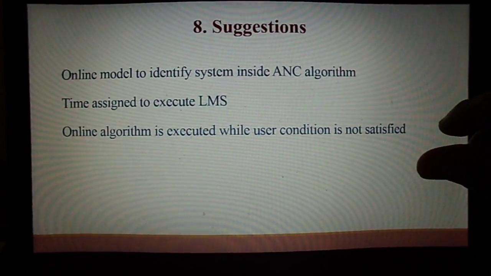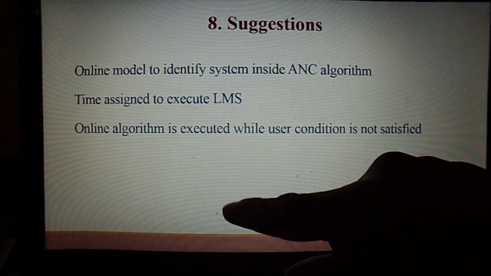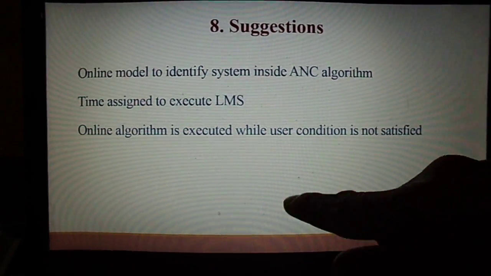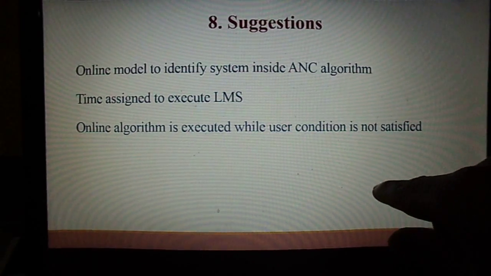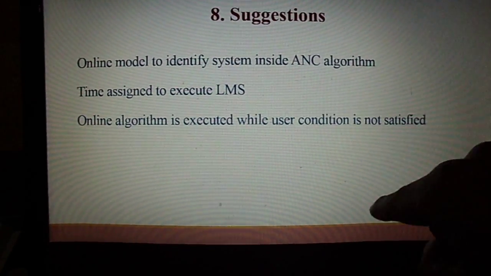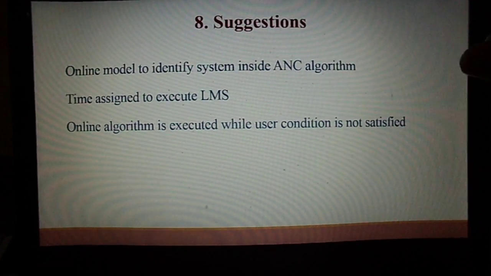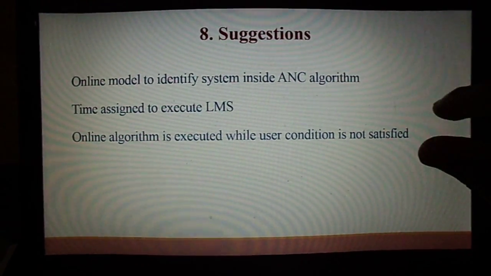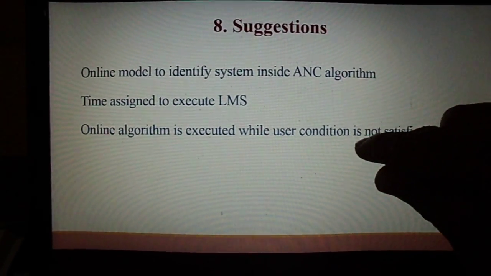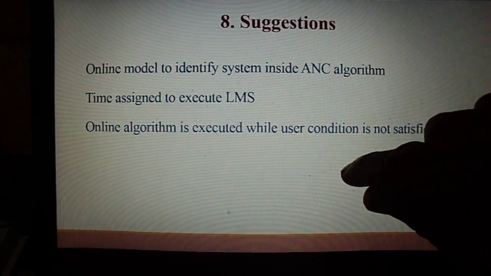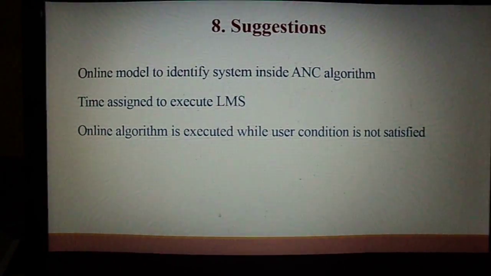For these reasons it is a good solution to identify at every moment, as a condition designed by the user, to execute these identifications inside the control loop. This product can work in every part of the world because the identification process is a condition of control. Thank you so much.